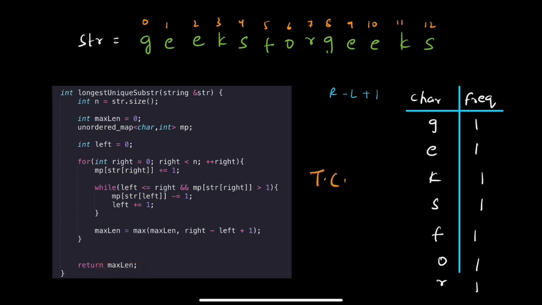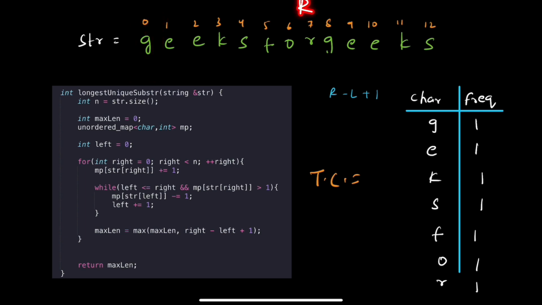So for now, what will be the time complexity for this approach? Here, by looking at these two loops, you might be thinking that the time complexity will be order of n square, right? But this for loop is to expand the window and this while loop is to shrink the window, right? So if you notice carefully, we never visit any character more than 2 times. Each time the left pointer and right pointer will visit a character only once, right?